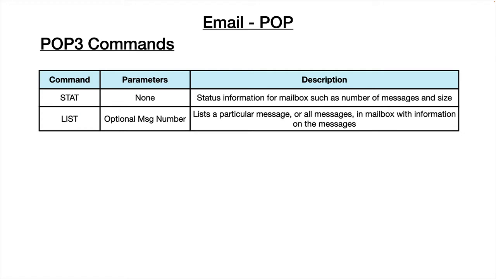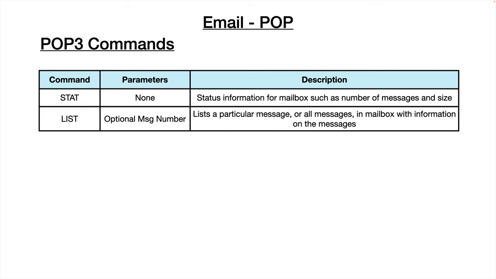You can optionally specify a message number, but what it's going to do is list out the messages and have things like what number the message is in your mailbox, maybe the date it was received, the size, that type of information.